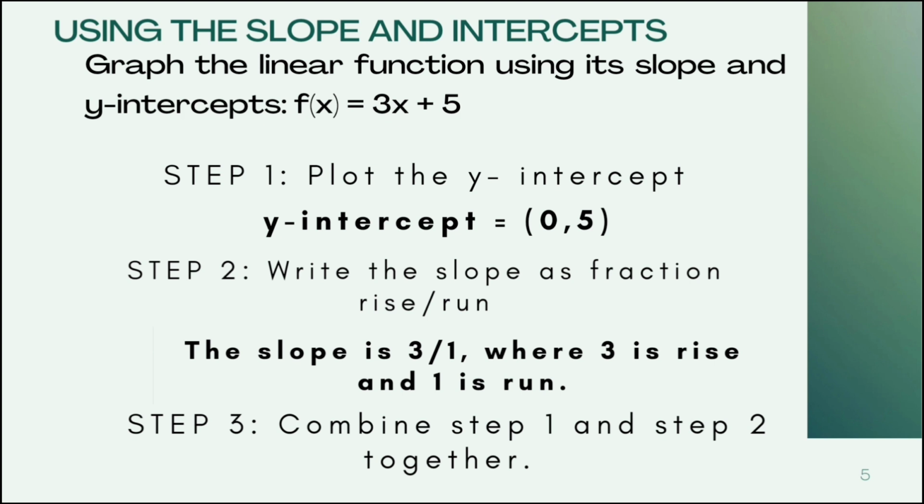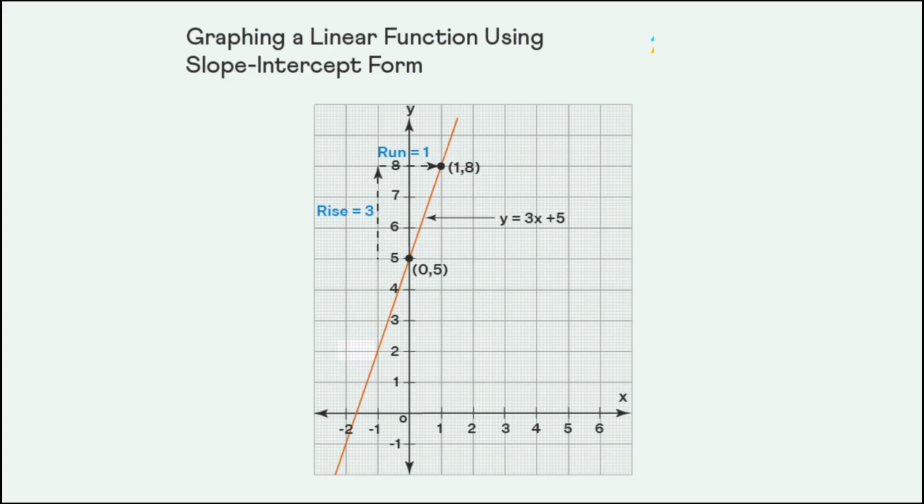Slope equals 3 over 1, so rise equals 3 and run equals 1. That is our rise over run. Step 3. Combine step 1 and step 2. That is the graph of the equation f of x equals 3x plus 5 using the slope and the intercept.